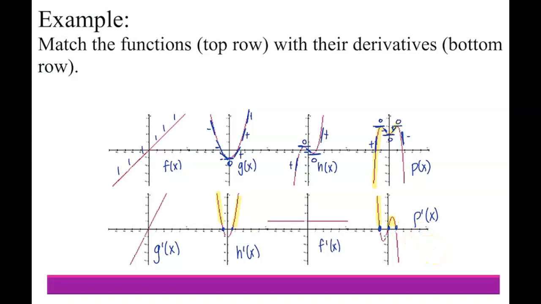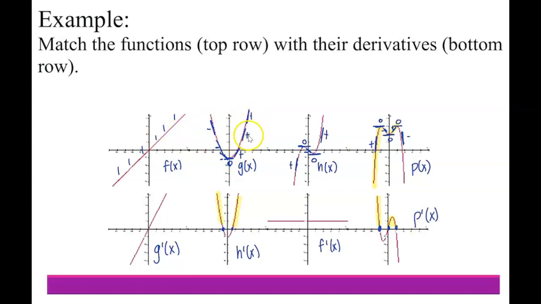So one of the last things that I'll just mention here is that these definitely take practice, and what I'm really going to encourage you to do is to not base your answers for matching on how it looks, quote unquote. Sometimes what students do is they say, oh, this U shape looks like this U shape. It has nothing to do with that. So we want to very closely analyze the original function and think about its slopes.